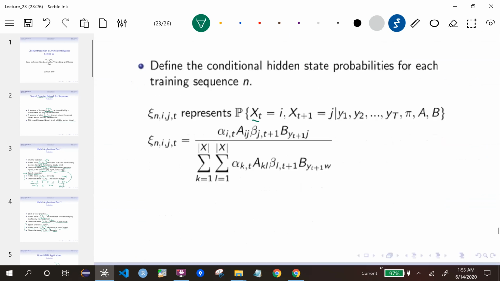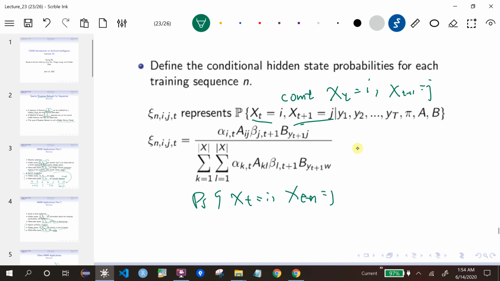And we want both of these happening at the same time because we need the transition probability. So these are basically counting the number of times xt is i and xt+1 is j. And we're going to do the same trick. This is the probability that xt is i, xt+1 is j, given the training set y1 through yt, yt+1, yt+2 until yT.